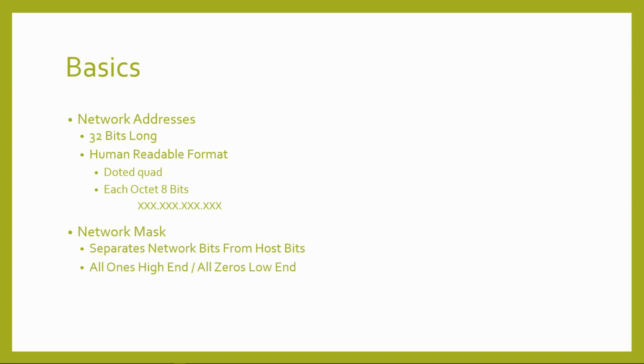Remember, all the ones are on the left-hand side, all the zeros are on the right-hand side, and they have to be in that order. In other words, the ones are, one of my favorite words, contiguous, meaning they're all together. They're not separated. So having 1100 is a great way to represent it, whereas a 101 is not what a network mask could look like.